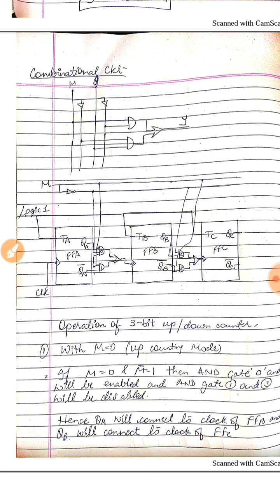So other things would remain the same. If m is 0, it will work as an up counting mode, so everything will remain the same as we have already seen in the up counter. And if m becomes 1, it becomes a down counter.